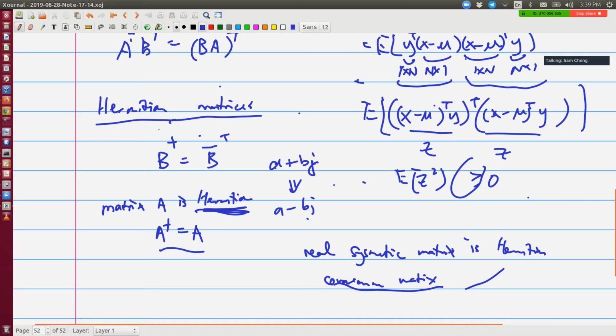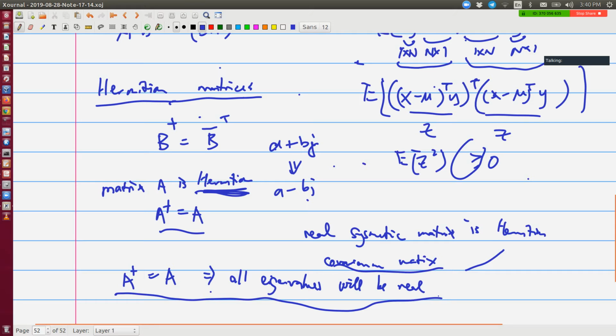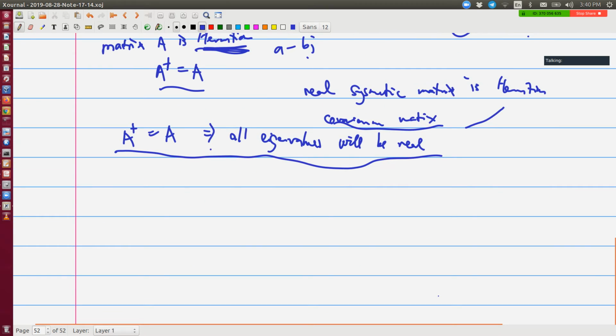First, if a matrix is Hermitian, that is, A Hermitian is equal to A, then all eigenvalues will be real. If you know that the matrix is Hermitian, the eigenvalues will be real.